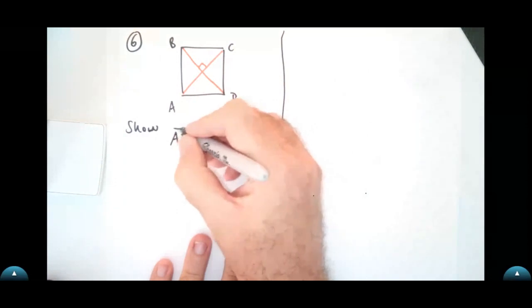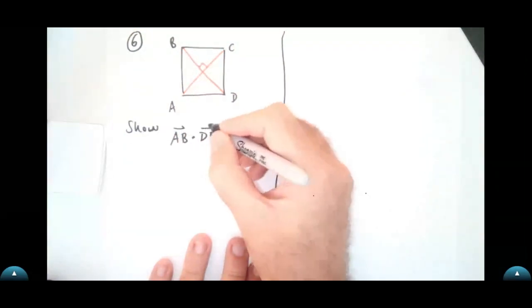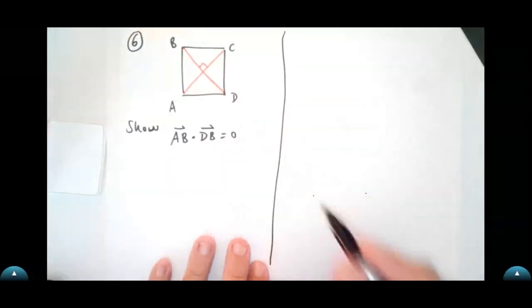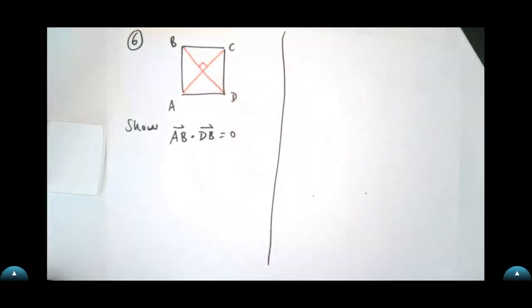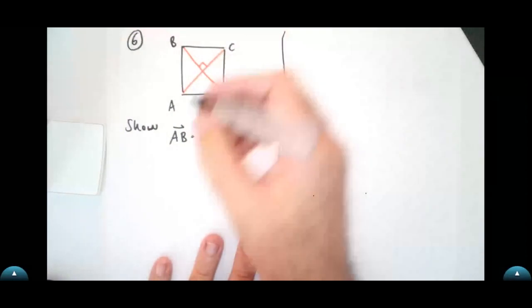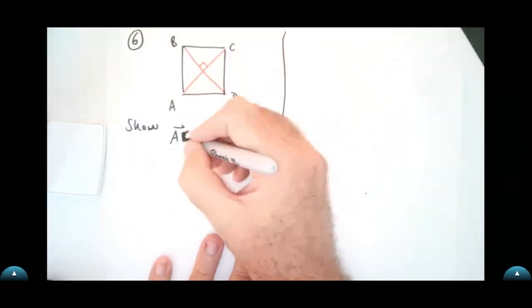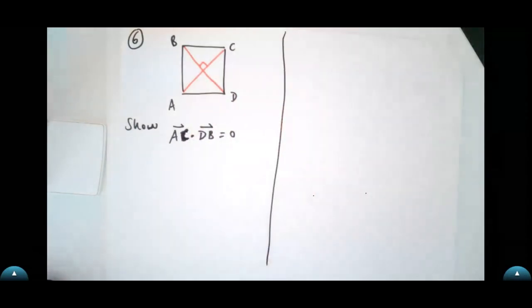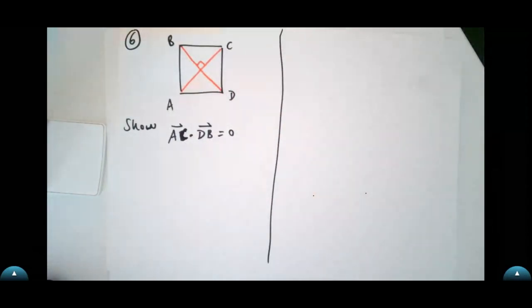If we can show that this dot product is 0, then we know that the angle there is going to be 90 degrees. Yeah? Oh, AC, yeah. Thank you. So AC, DB. All right, let me fix that up.